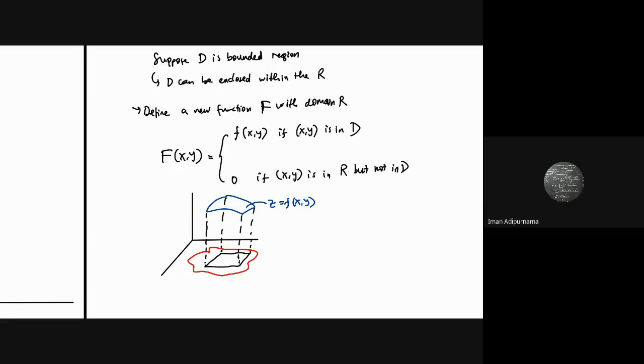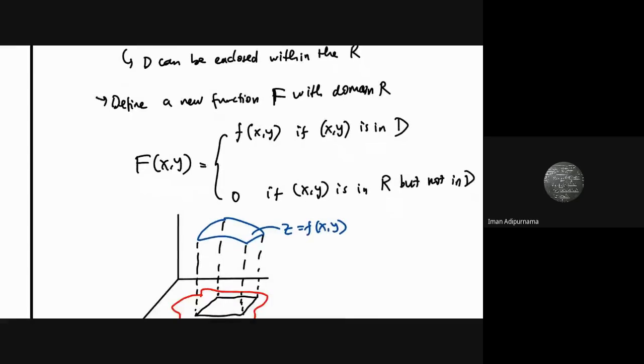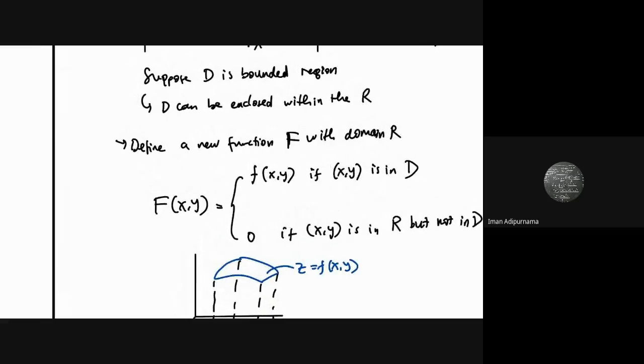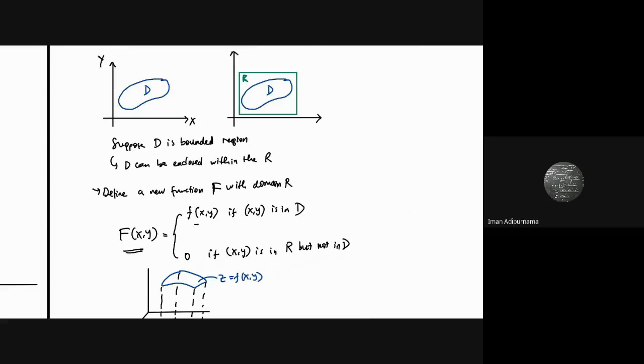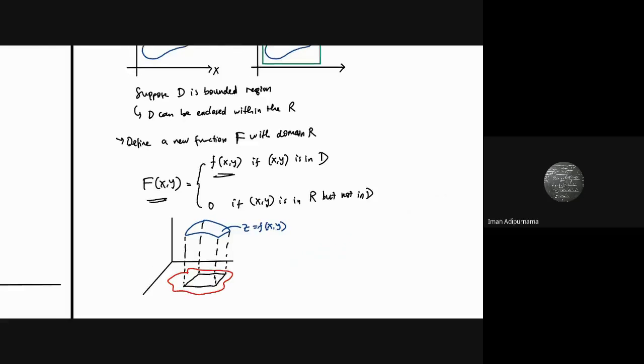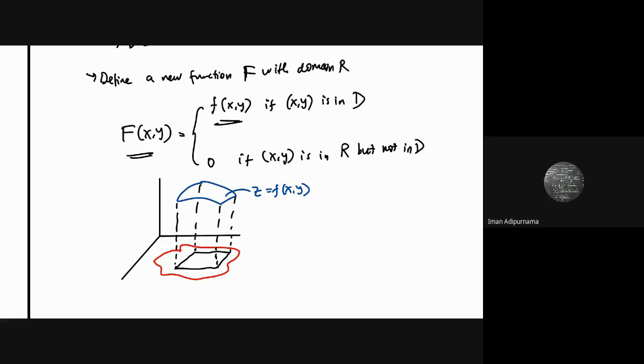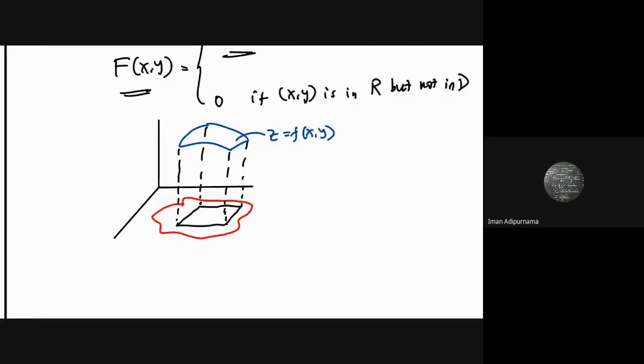I hope you get it. It's actually saying that this big function F is just equal to this small f. It means the projection of the surface will be the same as the small f. So it's actually the same calculation as we did previously.